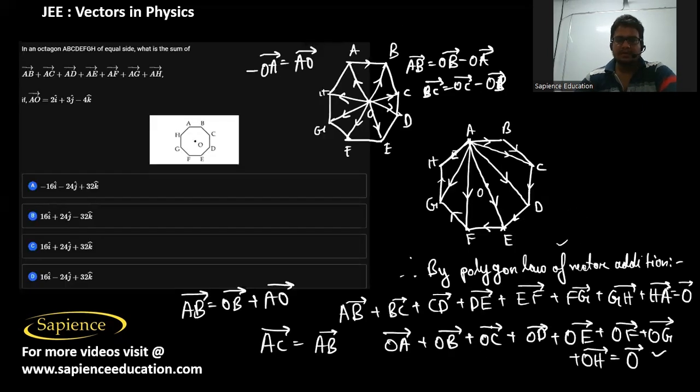Now we have said that OA vector plus OB vector plus OC vector plus OD vector plus OE vector plus OF plus OG plus OH is equal to 0.